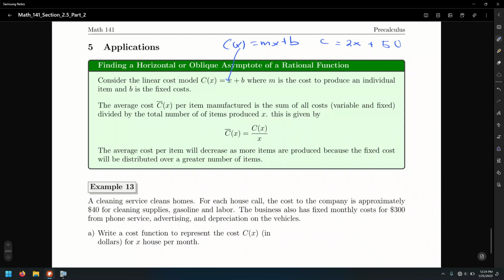However, there is one piece of information that you want to know: the average cost, when you divide that cost over a certain number of items that you sell. And well, let's recall what the average is.